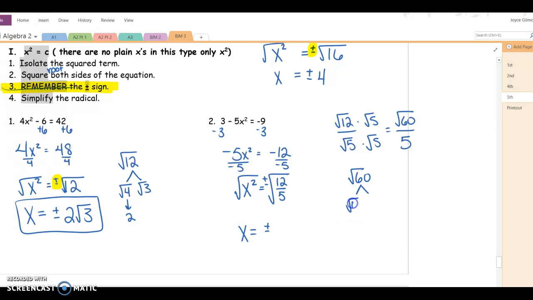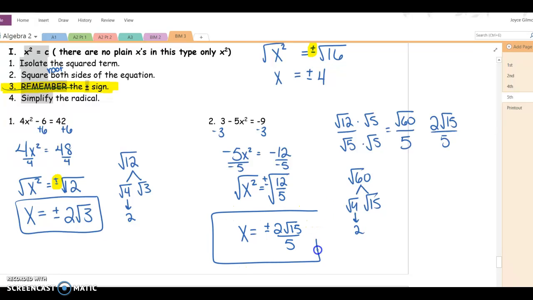So square root of 4 and 15. So our simplified answer, and you're probably running out of space, is 2 square root of 15 on the top and 5 on the bottom. So x equals positive or negative 2 times the square root of 15 over 5.